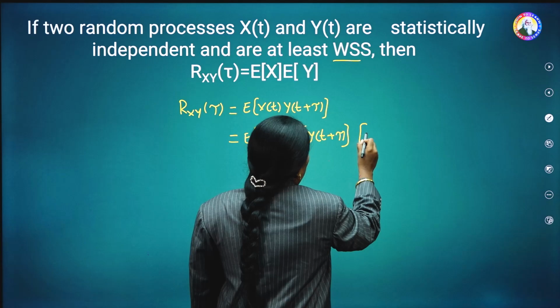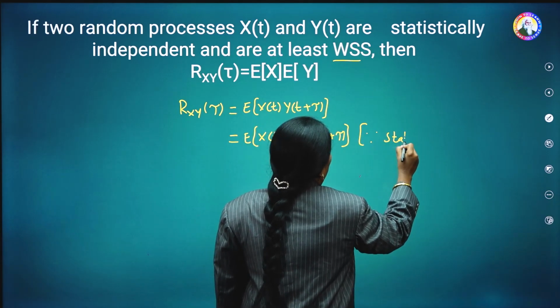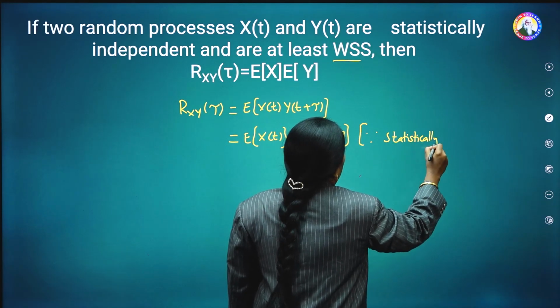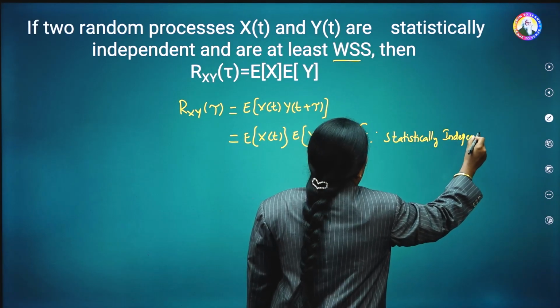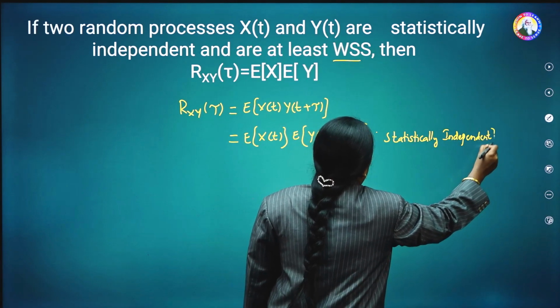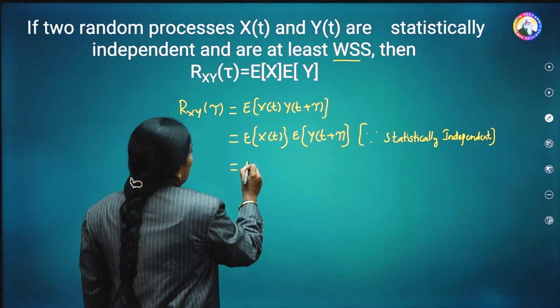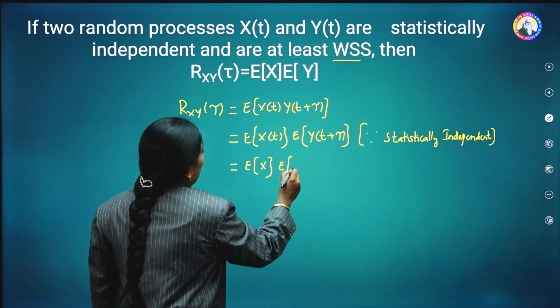This is because of statistical independence. And for WSS, this is simply equal to E of x and this is equal to E of y.